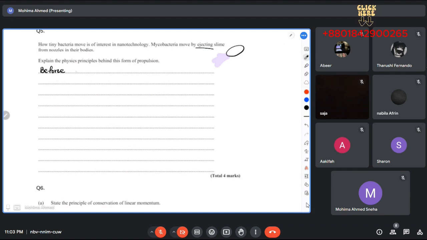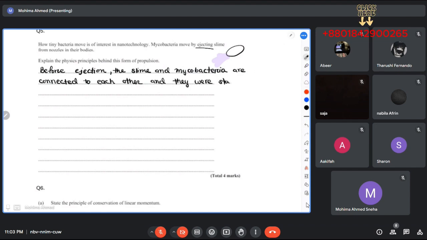So before ejecting, you can also write this in your exam paper. The sum of momentum before collision is zero.